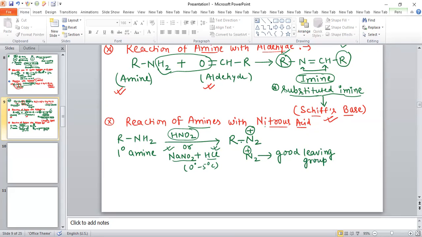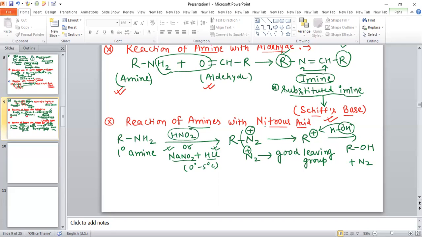So this bond of RN2 plus will break, and this will convert into R positive, which is a carbocation. Now from hydrolysis, this OH minus will attack on the carbon, and alcohol is obtained as a product. So this is very important. And which gas is released? N2 gas is released, because N2 is a good leaving group.